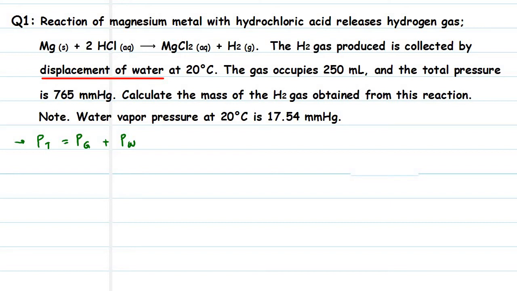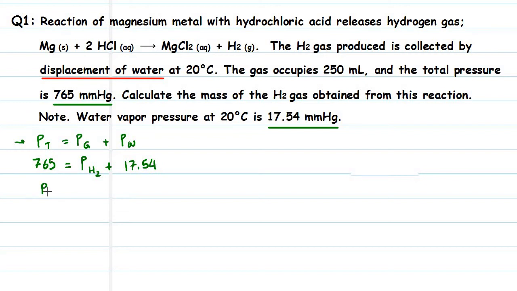And let's take a look at what they give us here. They give us total pressure, which is 765 mmHg, and they give us water vapor pressure, which is 17.54 mmHg. Now we can plug it in. So P total, 765 mmHg, equals P of hydrogen gas plus P of water vapor, which is 17.54.